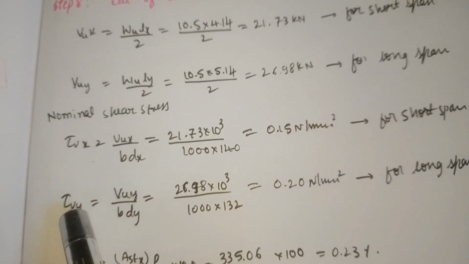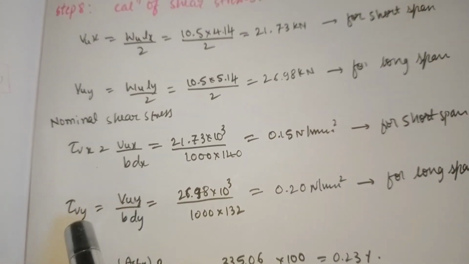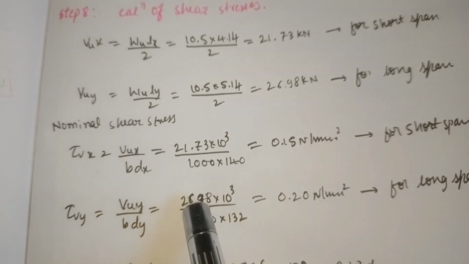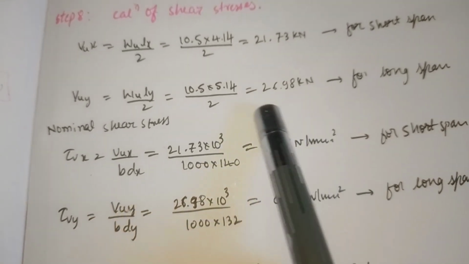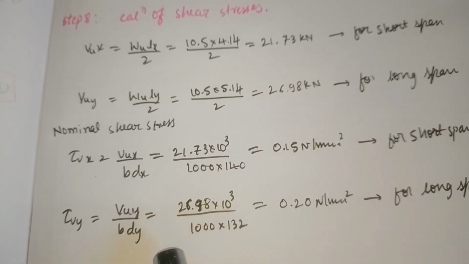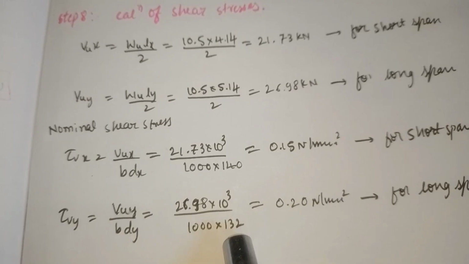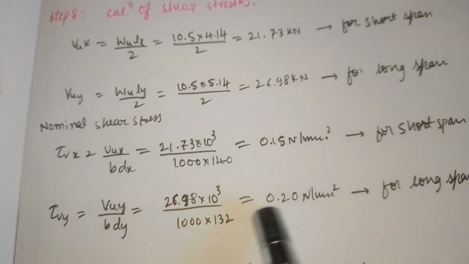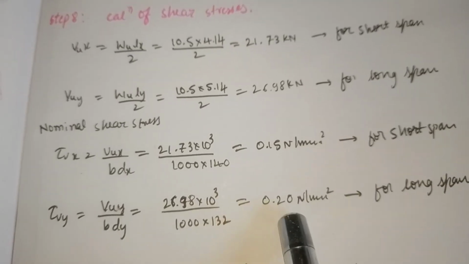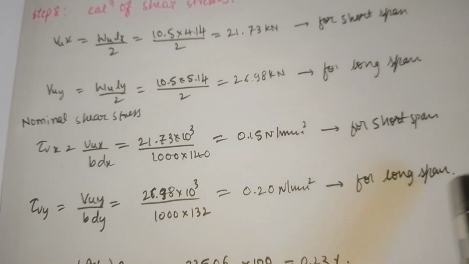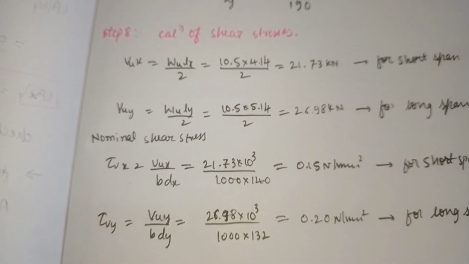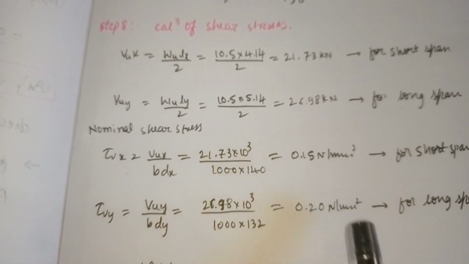Similarly for long span, tau Vy is equal to Vuy divided by b into dy. So Vuy we got was 26.98 into 10 to the power of 3 divided by 1000 into dy value we got was 132. So substitute all the value. By simplifying, it will come out as 0.2 Newton per mm square for long span. This is how we calculate the shear stresses for short span as well as long span.